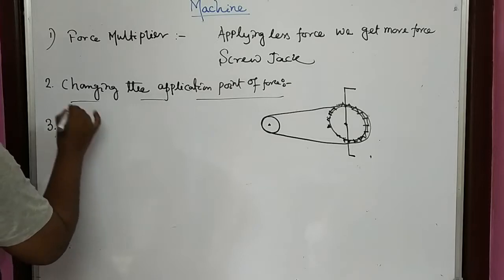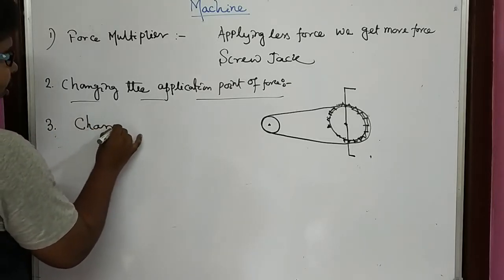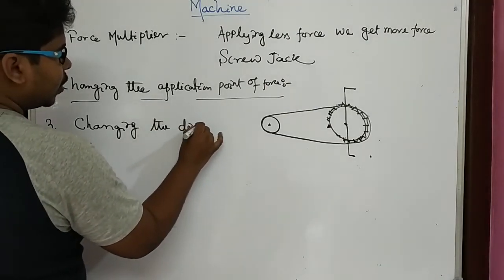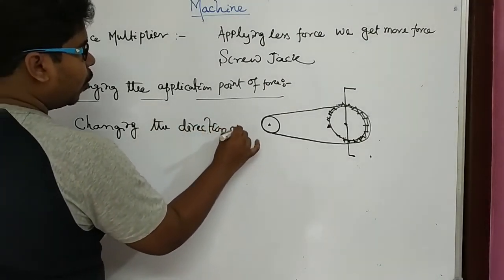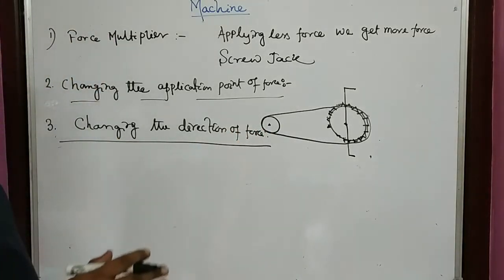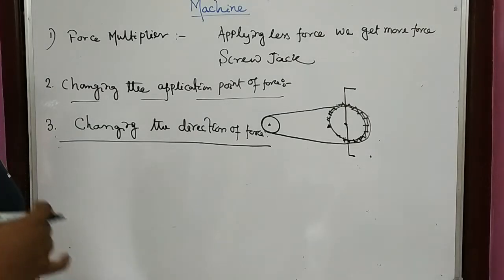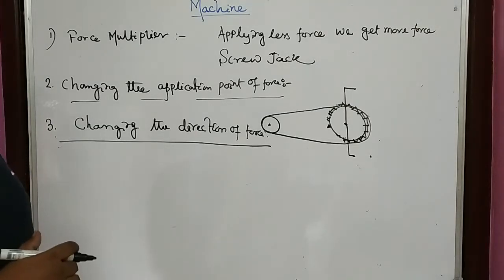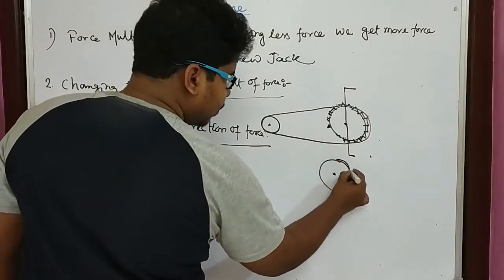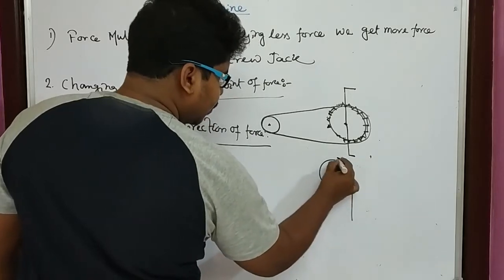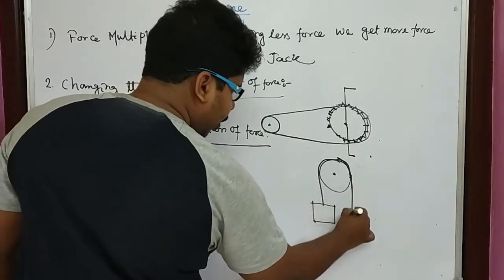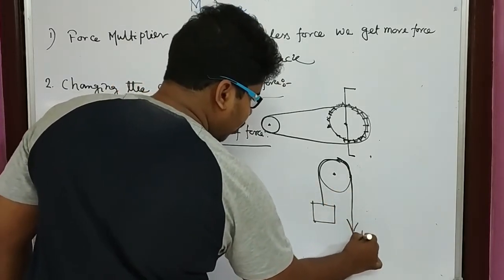Number 3 is a very common thing, changing the direction of force. We want to apply a force in one direction, but we apply effort in another direction. If I am talking about pulling, assume the load is on this side and you are applying force in the downward direction.